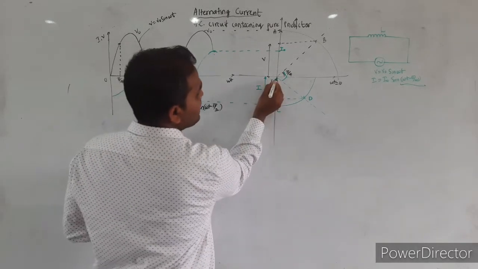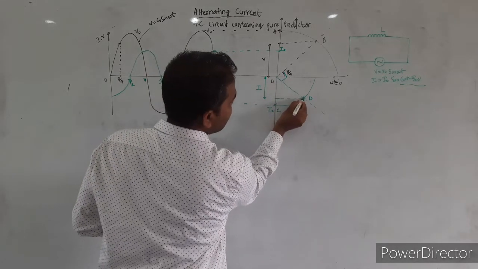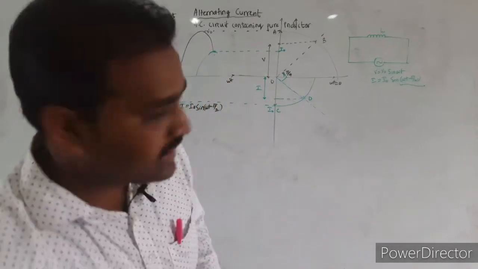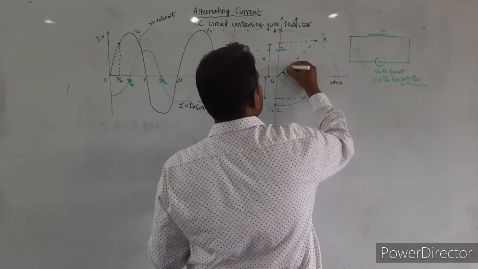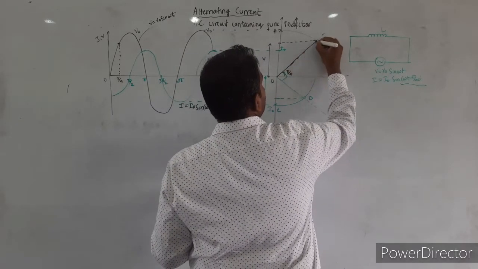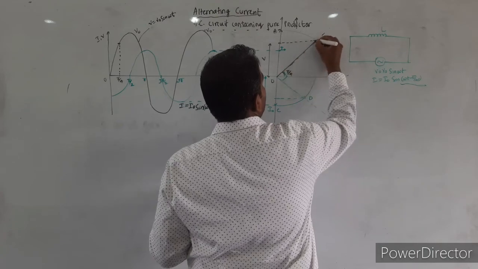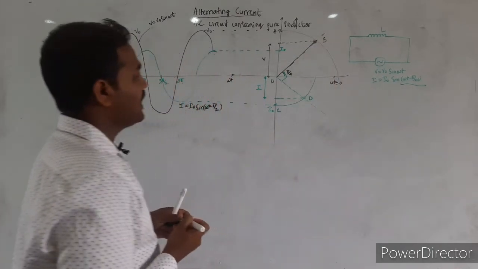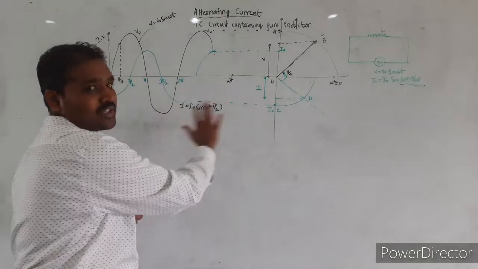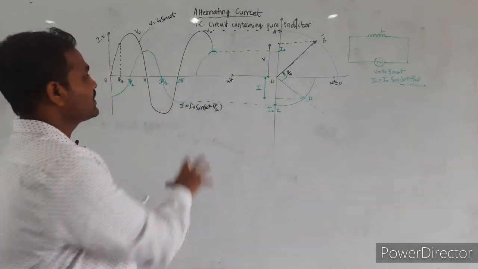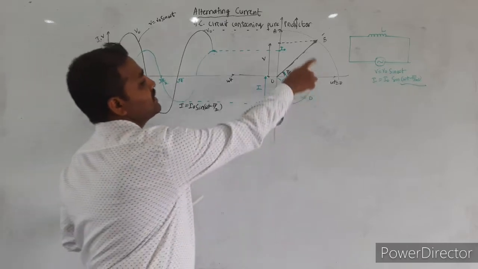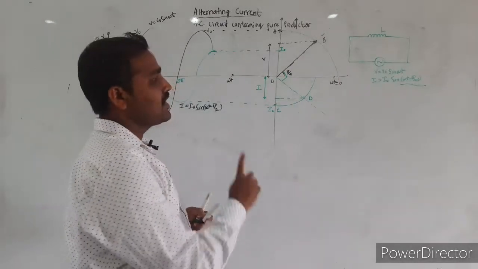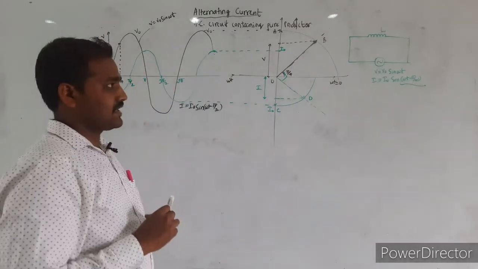So this I will consider as the current phasor, and this line I will consider as the voltage phasor. Both give the same meaning. This is the graphical representation of alternating voltage and current. This is the phasor diagram representation of alternating voltage and current.